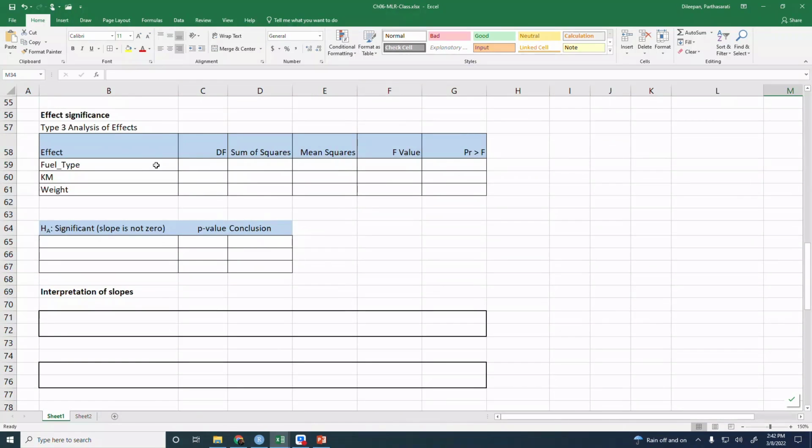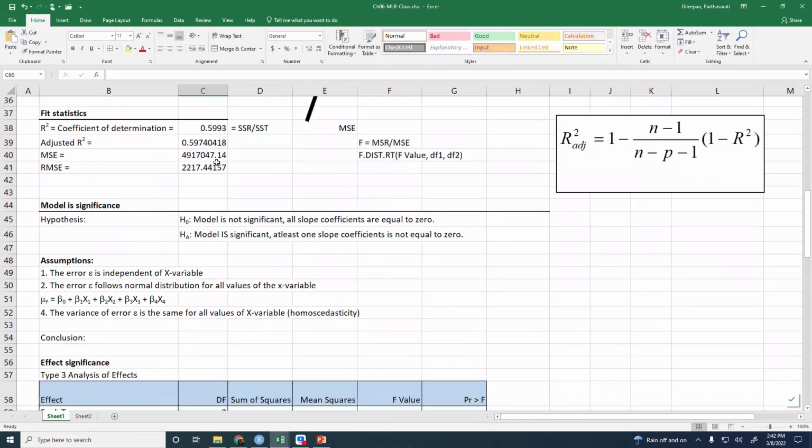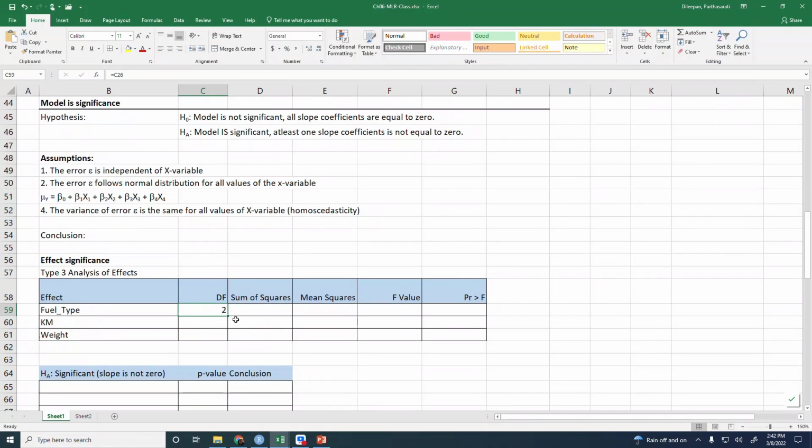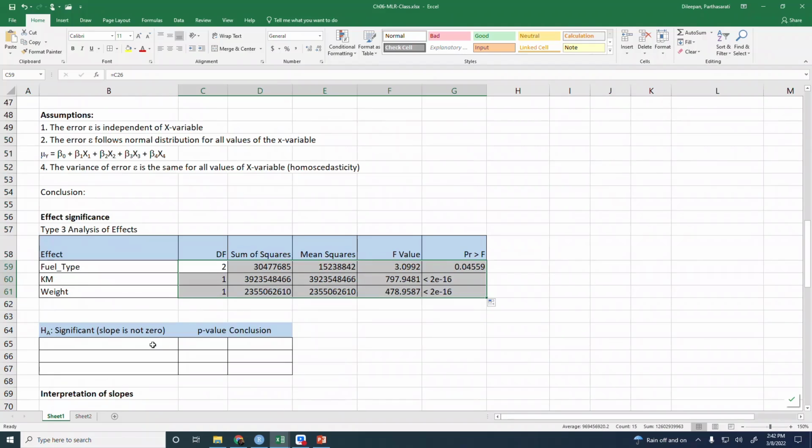I already discussed all that here. So this is just simply, I don't know why there is a repeat here. So it's the same thing from here. So that means slope is not 0.